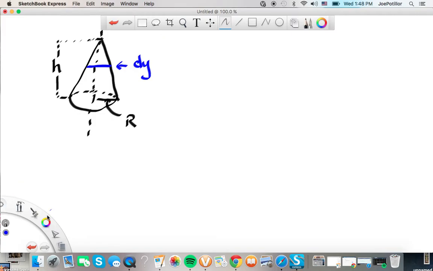This disk has a certain depth to it. We'll call it y, so that's some height y. And then it also has some radius. We'll call it little r.